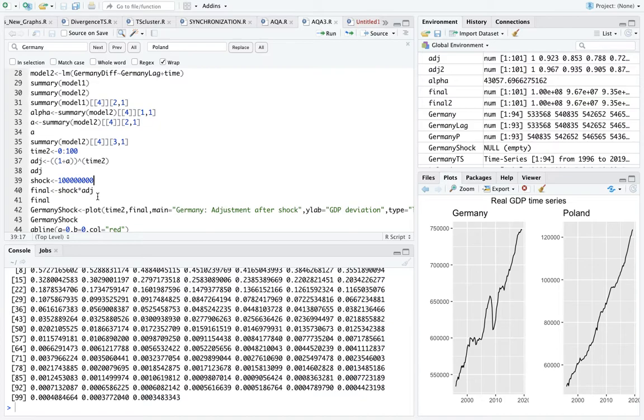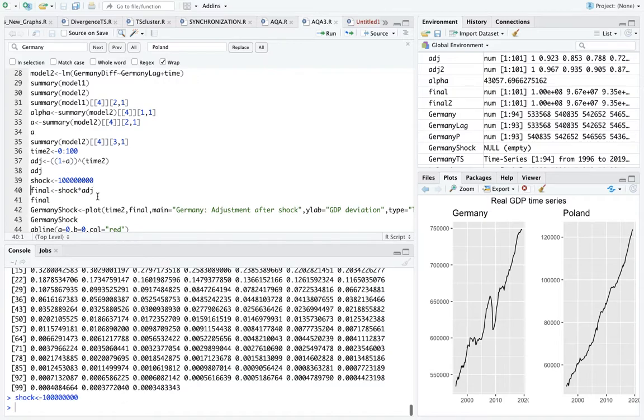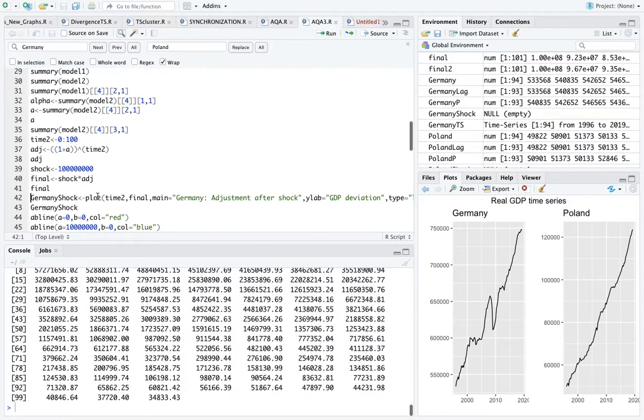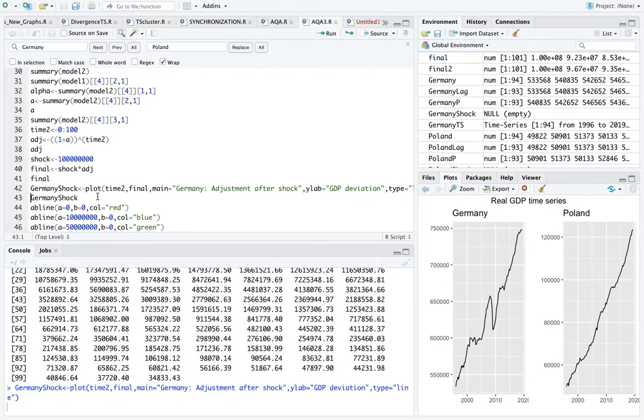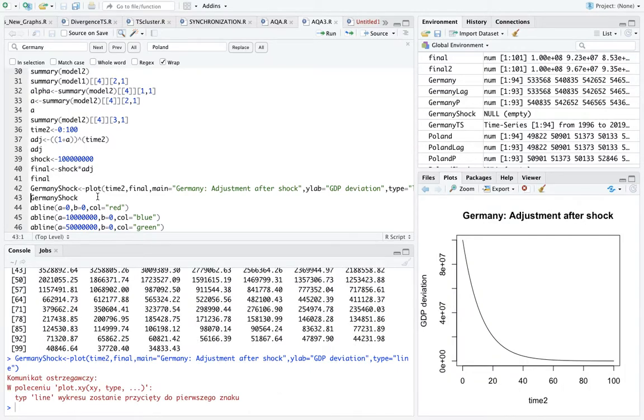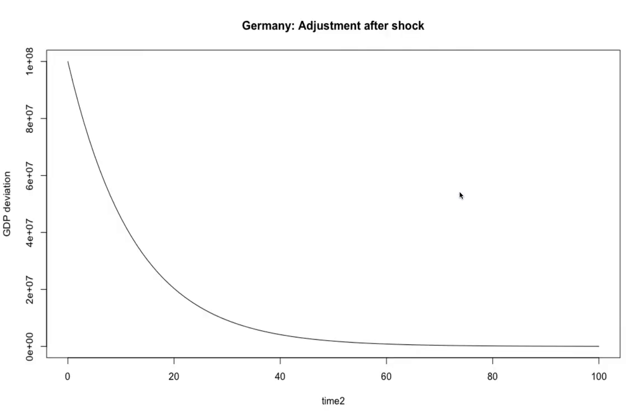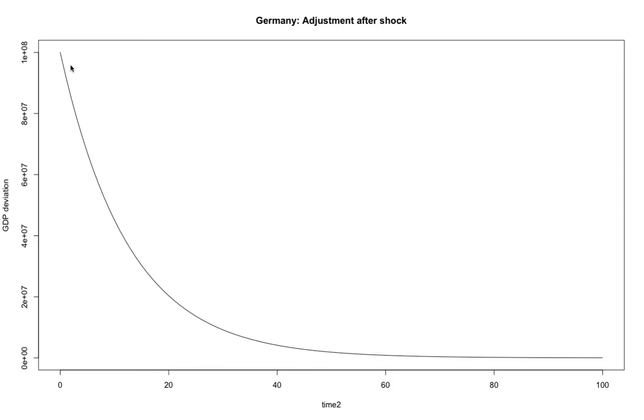Okay, so what happens? I'm creating the plot for this. So now what we see is the graph of the complementary function using that we've obtained, assuming that Germany GDP is a trend-stationary process.